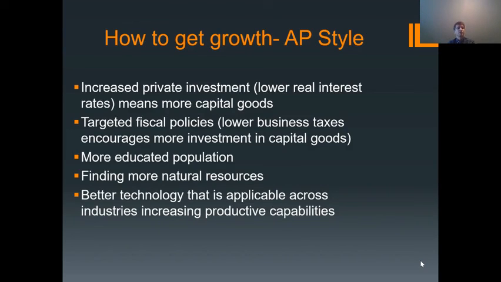Once again, increasing your capital stock yields economic growth. A more educated population, as we said, invests in human capital. Finding more natural resources can grow your economy as well. And better technology that is applicable across industries increases productive capabilities as well. And that's everything in terms of how to get economic growth that you have to know for the AP test.